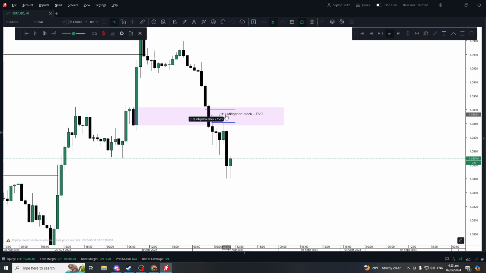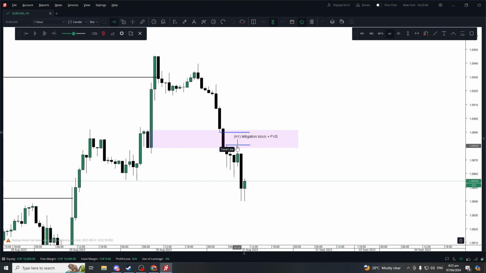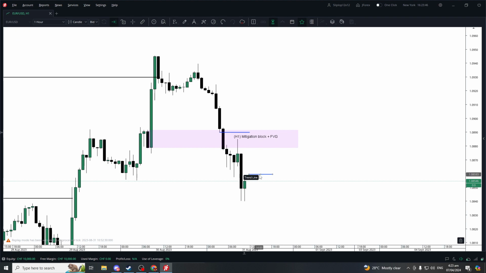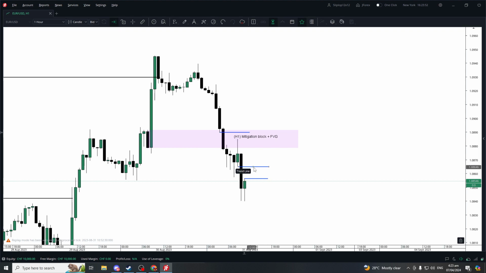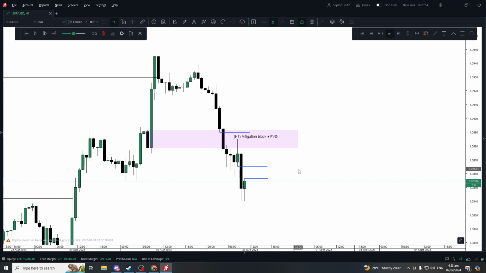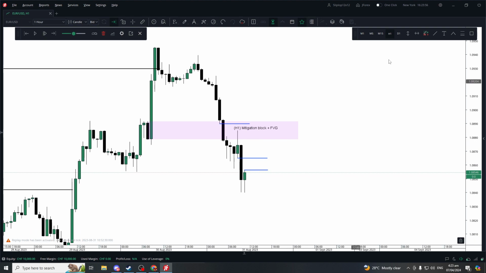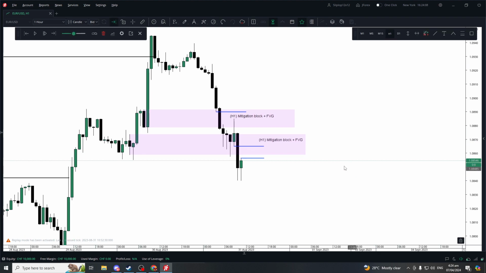So we just tapped to that level and we are forming another fair value gap in here. And we also have a mitigation block here. So let me just grab that. We also have, not to mention, this order block.